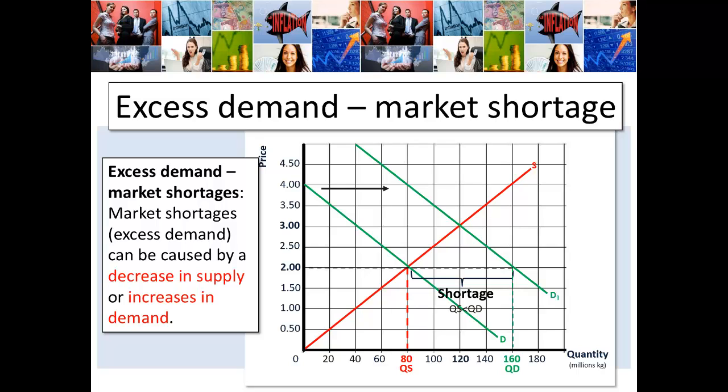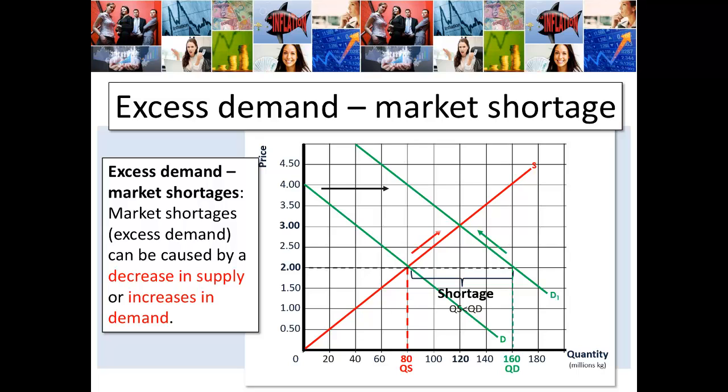Before the price has had a chance to adjust, at the initial price of $2, quantity supplied is 80 million, but the quantity demanded is now 160 million kgs, and that results in a shortage. Quantity supplied is less than quantity demanded.